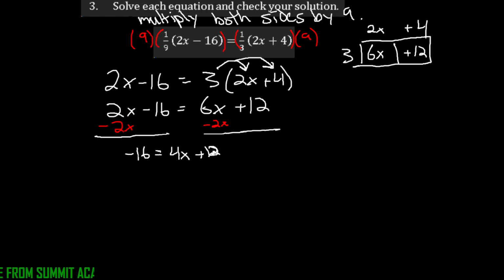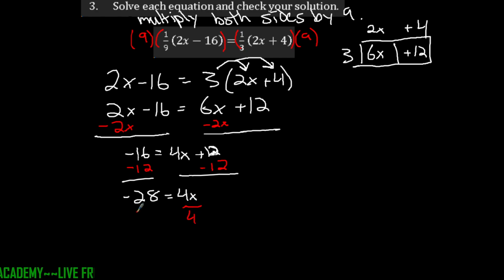And I need to get my constants on the other side. So I subtract 12 from both sides. And so now I have negative 28 equals 4x. Last step, divide both sides by that coefficient. So divide both sides by 4 to get your answer. This is going to be negative 7 equals x.